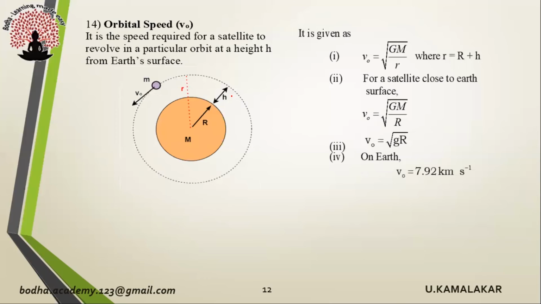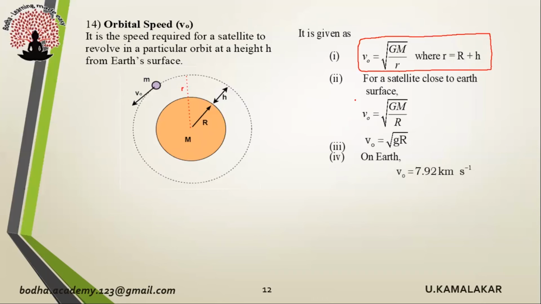Orbital speed. It is speed required for a satellite to revolve in a particular orbit at a height h from Earth's surface. It is given as V0 is equal to under root capital G capital M by small r, where small r is equal to R plus h. For a satellite which is revolving close to the surface of Earth, h is neglected.